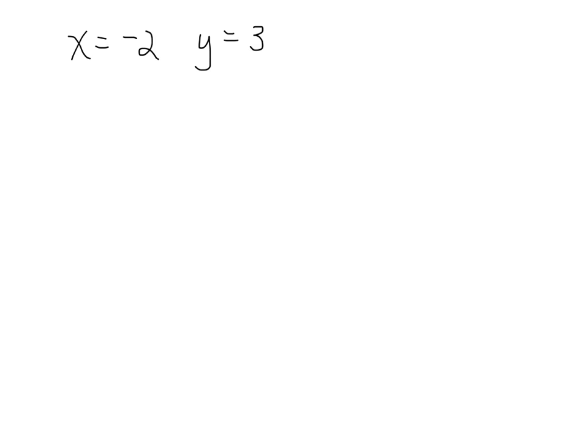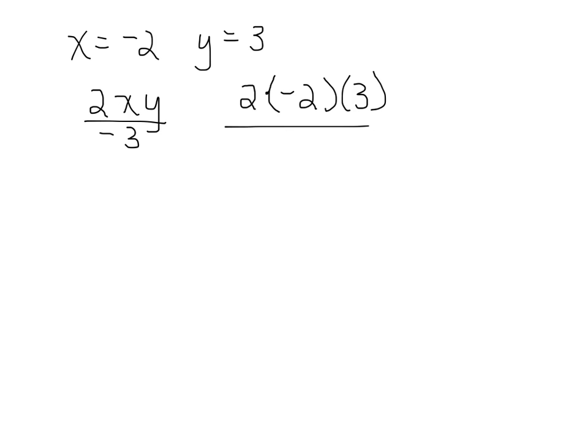So if you're told to say, let's say I've got 2 times x times y divided by negative 3. What I have to always do first is show replacement. So when things are right next to each other, it means multiply. I'm going to say 2 times negative 2 times positive 3, and I'm going to divide it by negative 3.